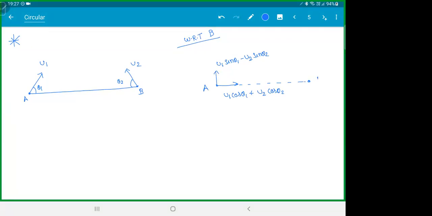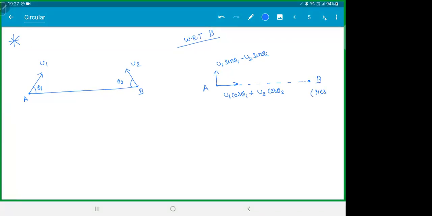Suppose you have two particles here, let's say this is u1, theta 1, this is point A. This guy is u2, theta 2, point B. If you stop B, you have done this in relative motion. This velocity will look like u1 sine theta 1 minus u2 sine theta 2. This would be u1 cos theta 1 plus u2 cos theta 2. This is point A, and this is point B, which is at rest.